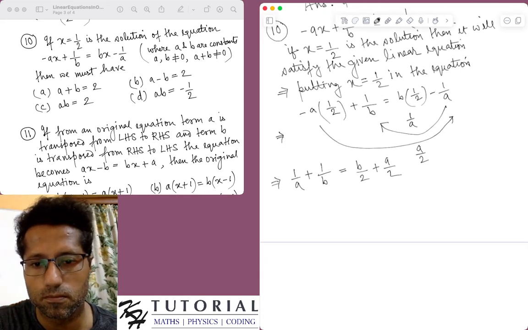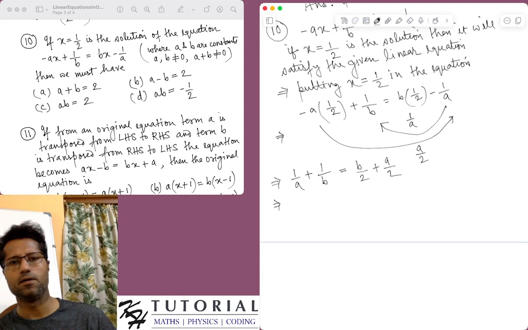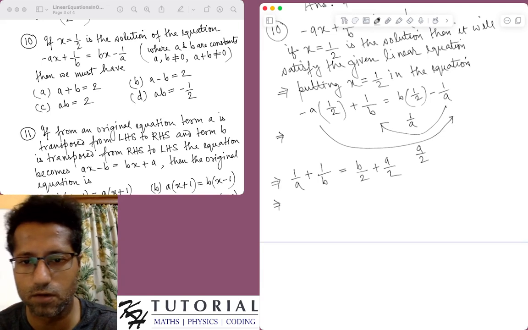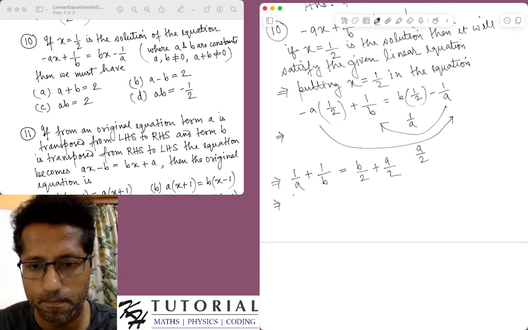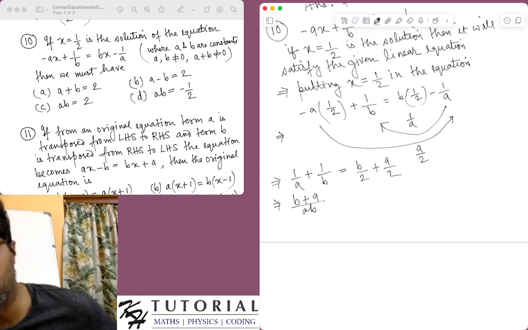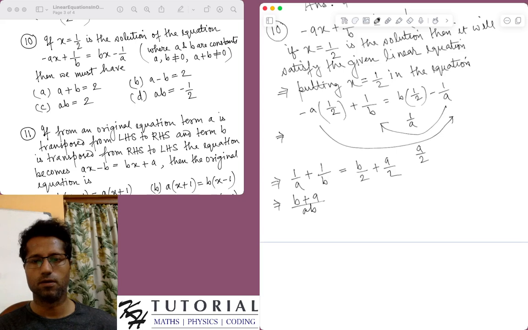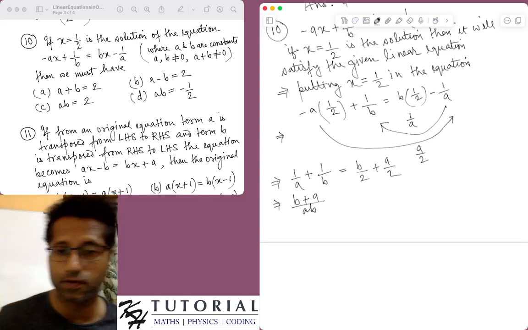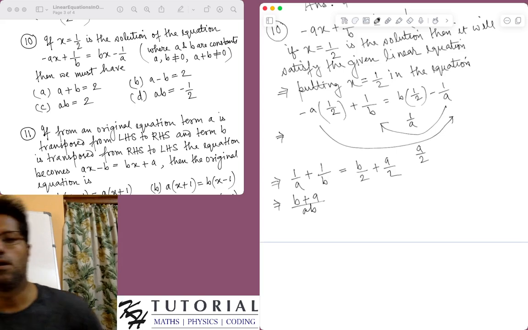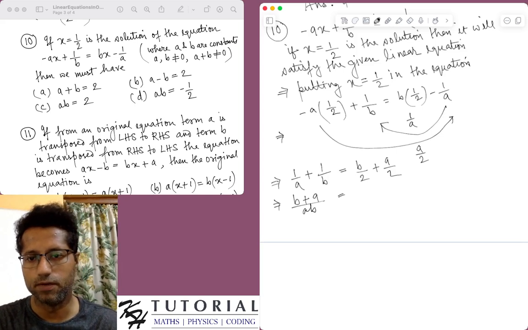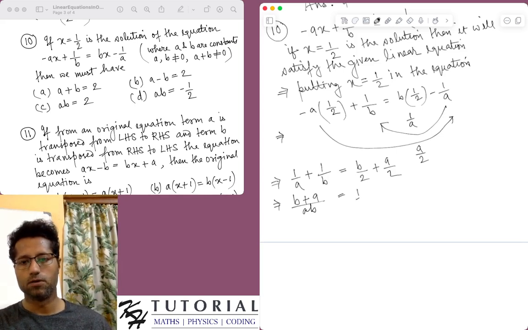Since a and b are constants and they are not 0, if I simplify 1 by a plus 1 by b, it will be b plus a by ab, as the LCM of a and b will be ab. I hope you are familiar with this kind of simplification. Now the RHS is b by 2 plus a by 2. If I take half common, I get b plus a.